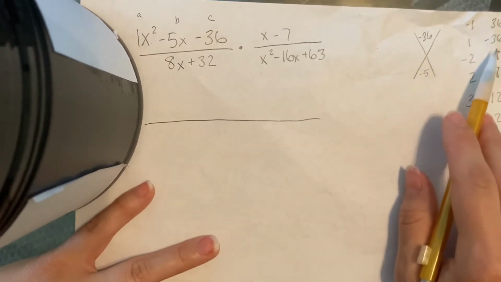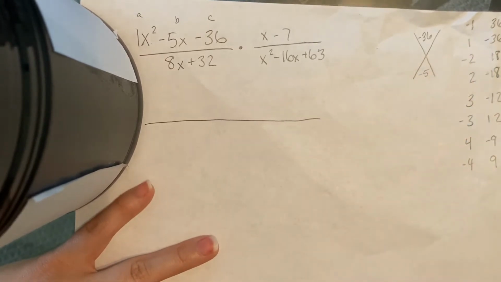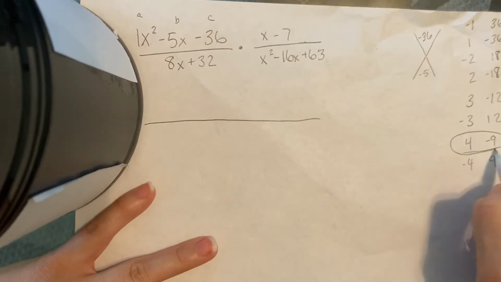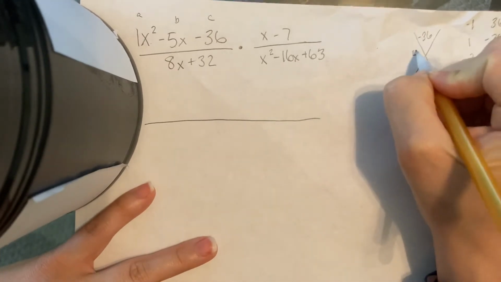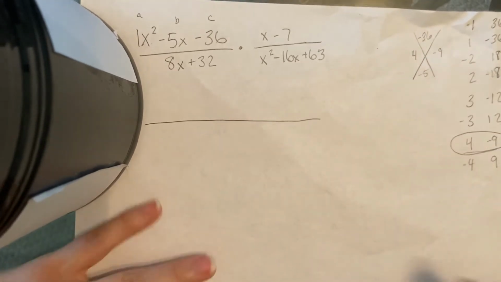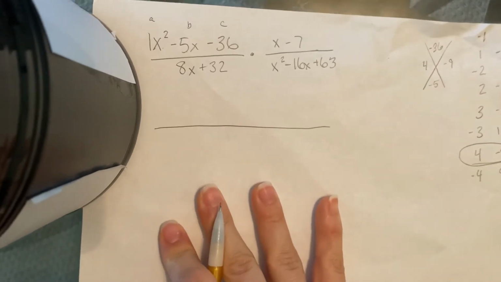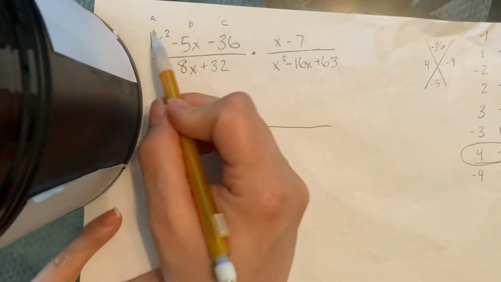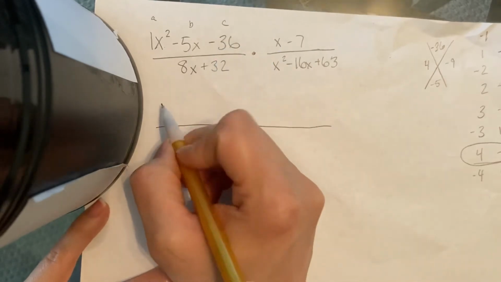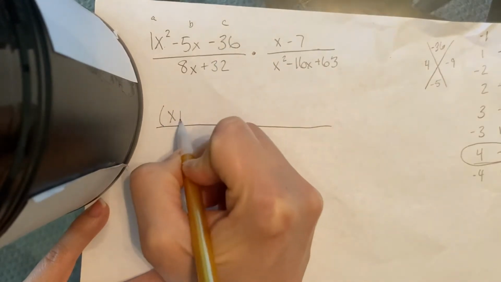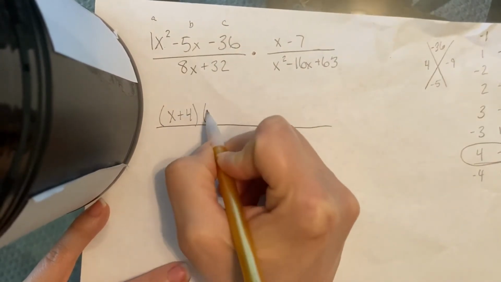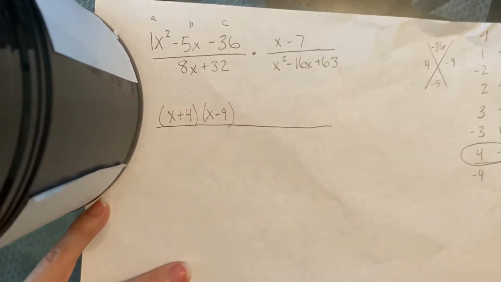So you can go through and add each of these until you find the right one, which would be this pair right here. Positive 4 and negative 9. So I'm going to replace this part here with its factored form, x plus 4 and x minus 9.